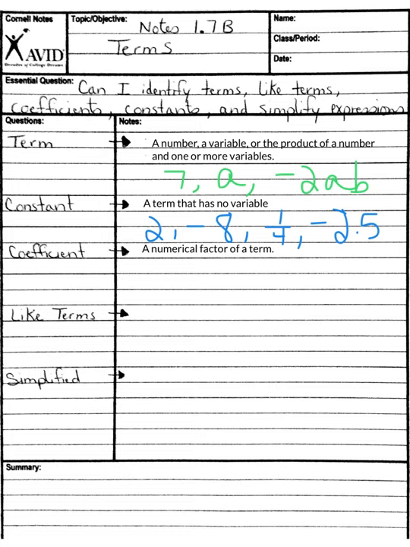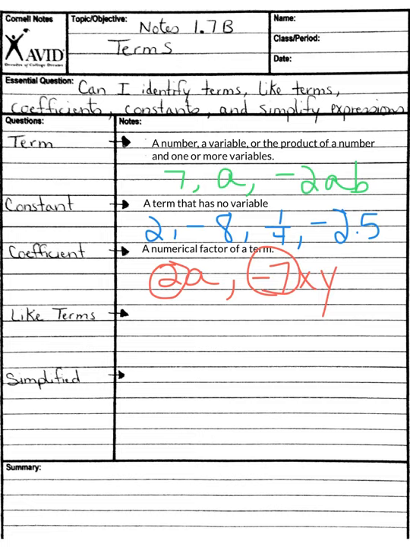So let's look at 2A. The coefficient is the number value of this, which is 2. 2 is your coefficient. If I had a -7xy, -7 would be your coefficient. It's the numerical factor, the number in front.